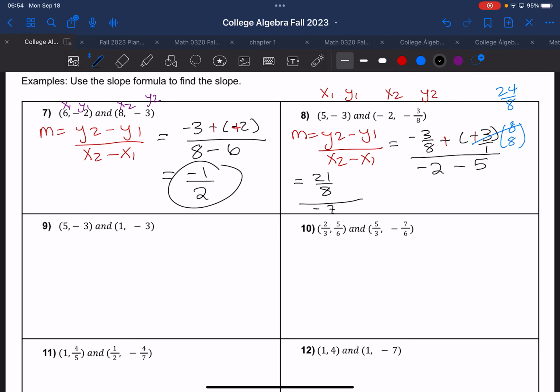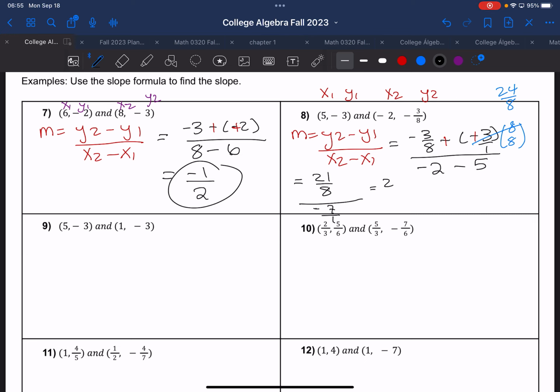We can't leave our fraction like that. So how are we going to reduce 21 over 8 divided by negative 7? Good, we're going to divide it. So this negative 7 turns into negative 7 over 1.